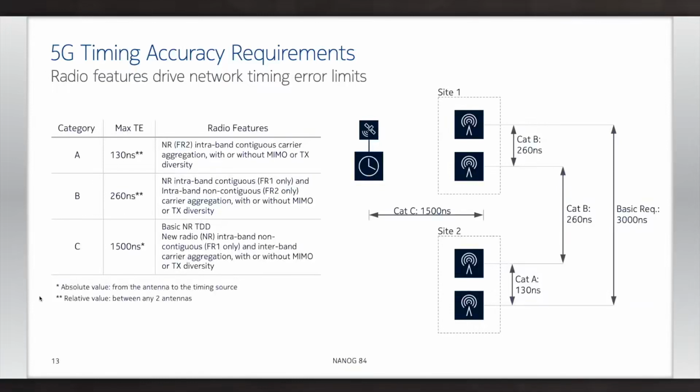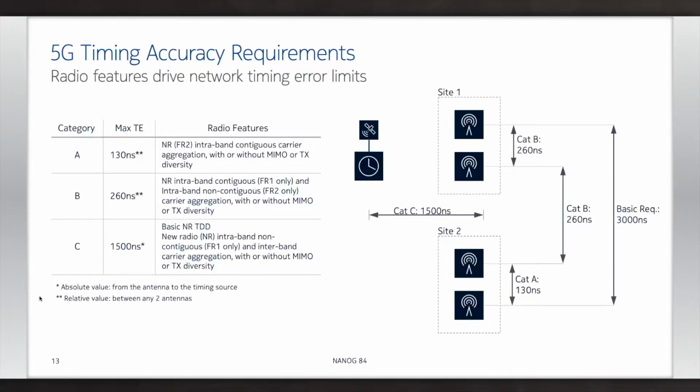Those, again, are needed when we are looking at any two given radios talking to a single device at the same time. So we are actually sharing those two radios to send and receive signals to one device. That is for carrier aggregation, typically could be intraband or interband.